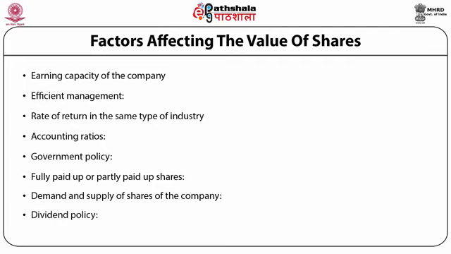Eighth, dividend policy. Dividend is the part of the profit which is distributed among the shareholders. Preference shareholders are entitled to get a fixed rate of dividend, whereas equity shareholders will get the dividend only when the company earns profit.